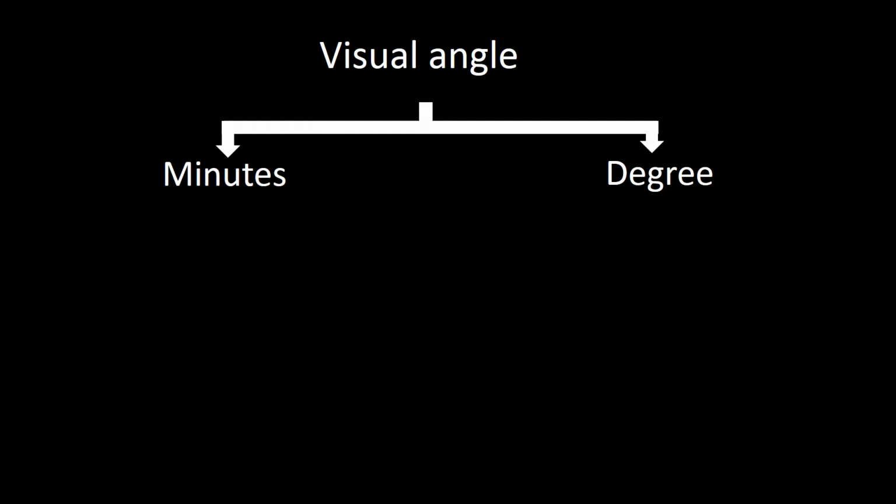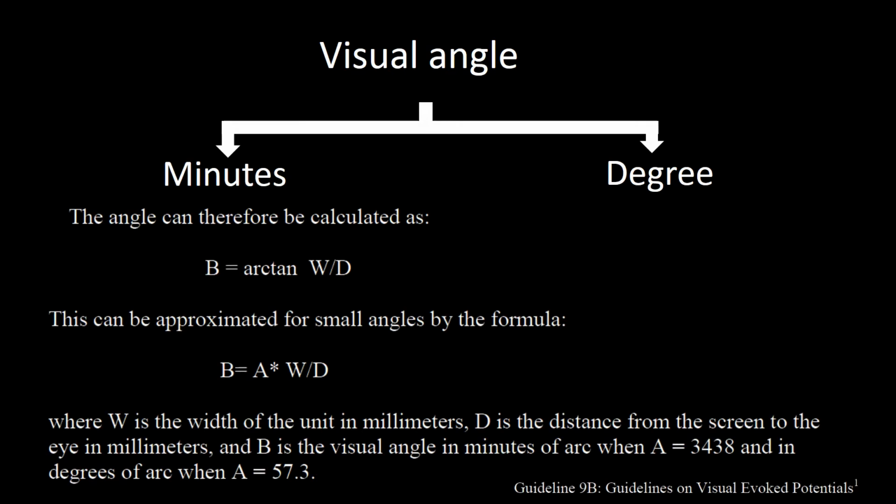This is usually stated in degrees or minutes of arc. This bunch of statements that I have just introduced in this frame are from the guidelines written by the Academy in 2009.